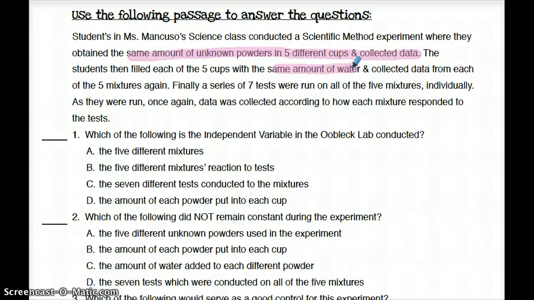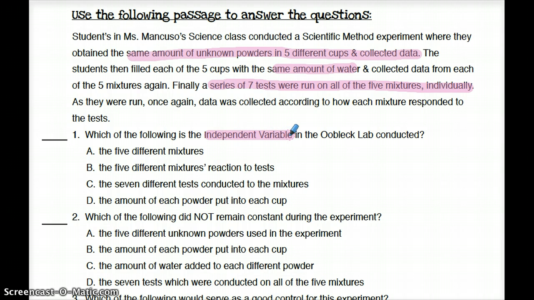Finally, a series of 7 tests were run on all of the 5 mixtures individually. As they were run, once again, data was collected according to how each mixture responded to the test. Which of the following is the independent variable in the lab conducted?